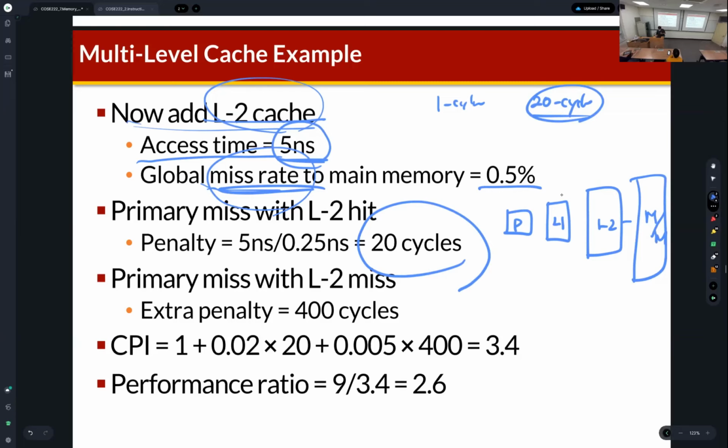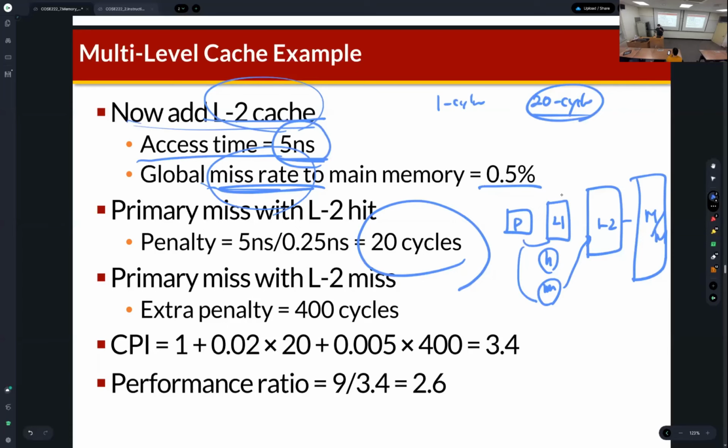When the processor accesses the L1 cache, there are 2 cases, a hit or a miss, and for a miss case, the request is given to L2. This request can also be a hit or a miss. For an L1 miss where the requested data is found in L2, the penalty is 20 cycles.